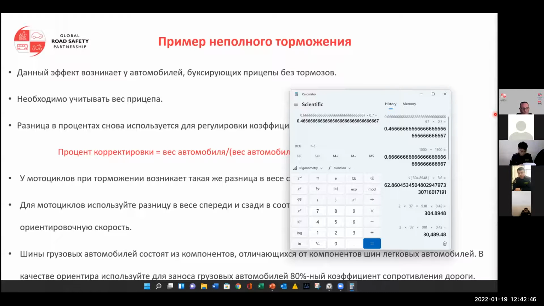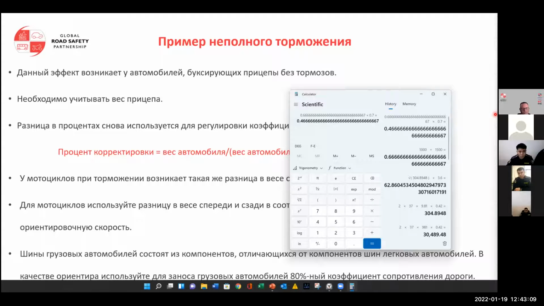The last thing I want to talk about in terms of adjusting this is trucks. Heavy trucks, the tires are made from slightly different compounds of rubber. They're a lot harder than passenger car tires. And because they're harder, they don't quite grip the road as well. So they're a little bit more slippery.